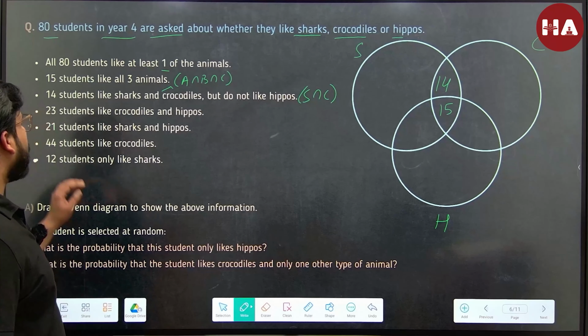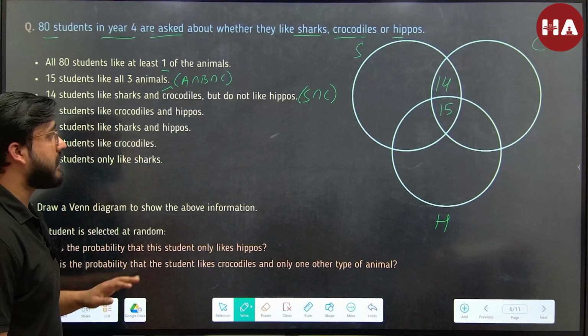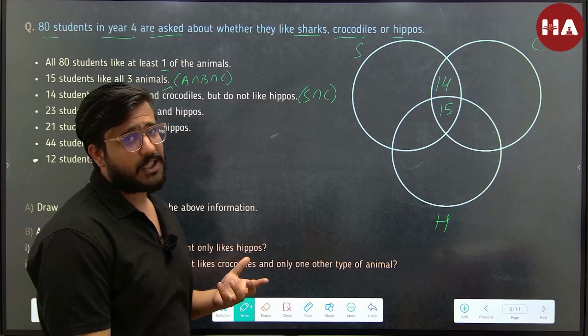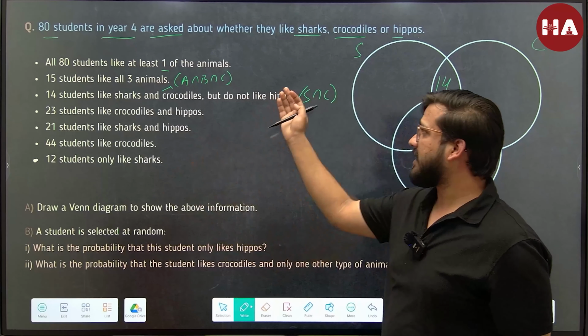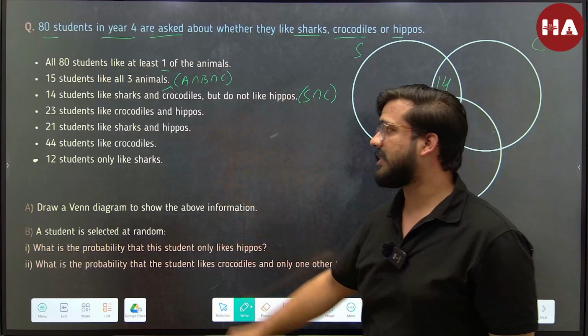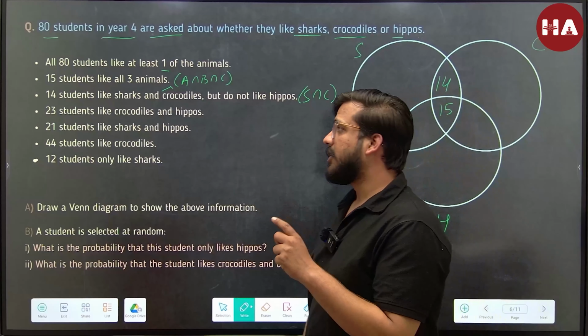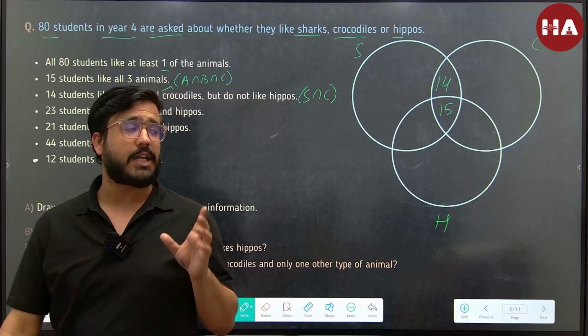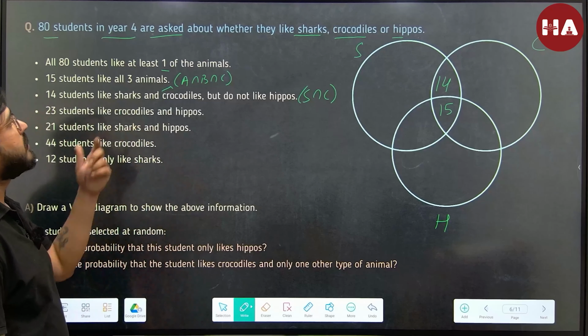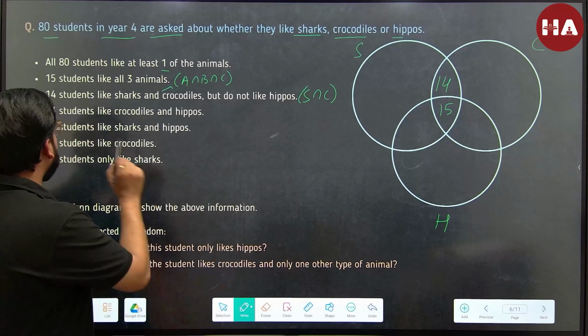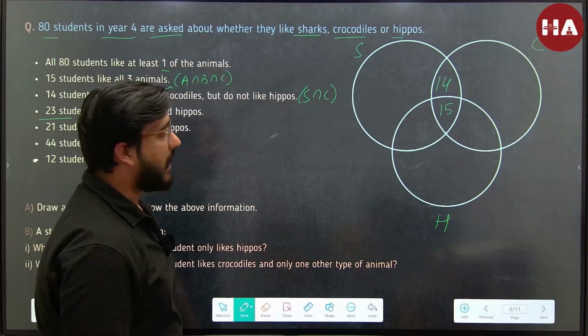Now 23 students like crocodiles and hippos. What does this information mean? This information is not specific, since it is not saying that the student doesn't like sharks. So 23 students like crocodiles and hippos.